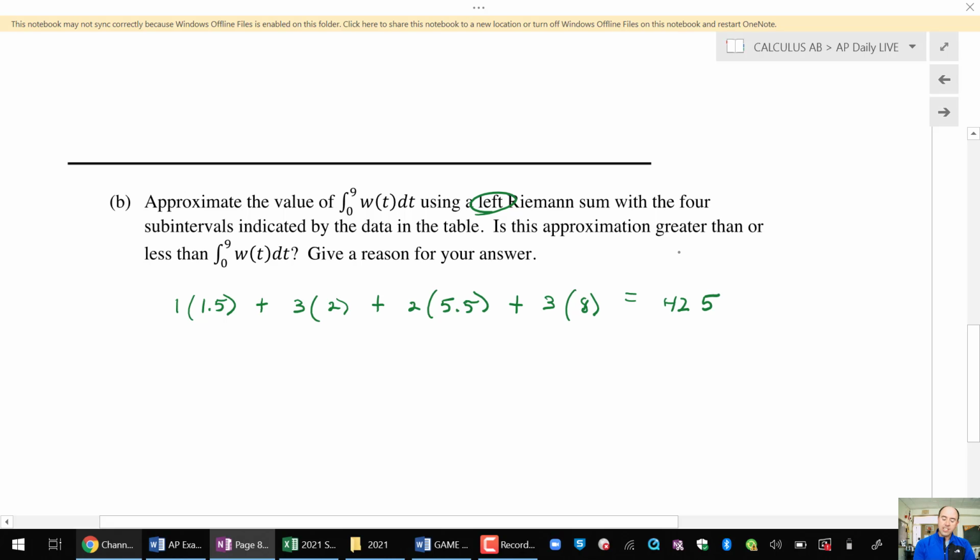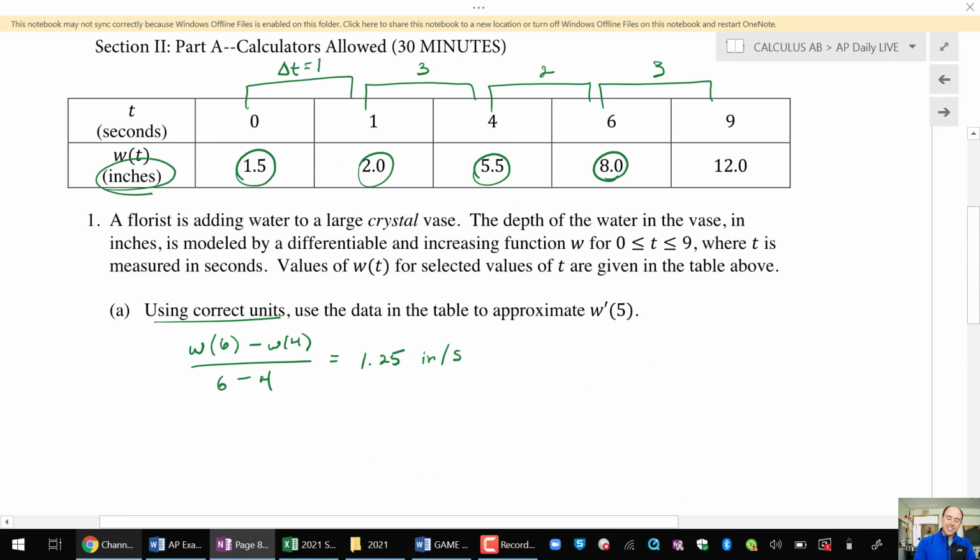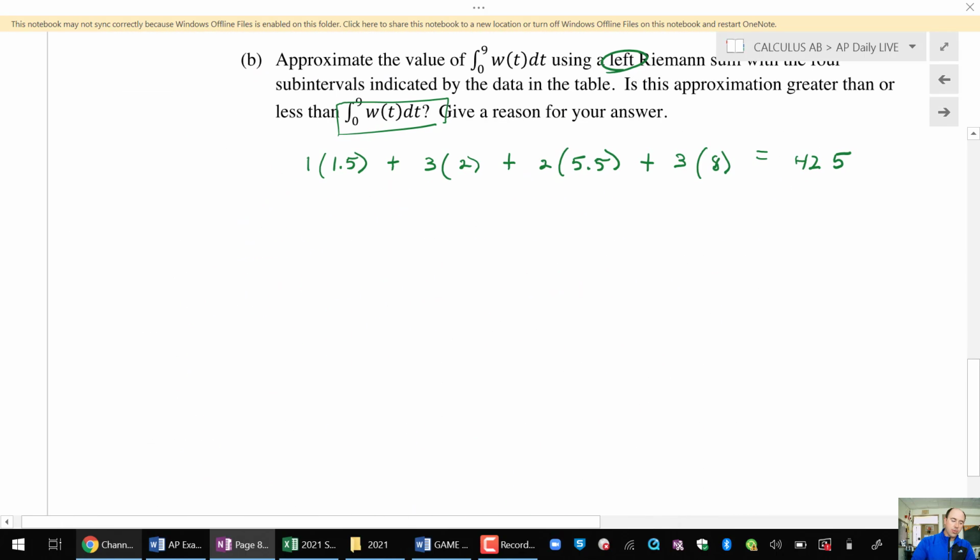And then it says, is the approximation greater or less than the actual integral itself? Give a reason. Notice back here in the stem, it said that the function w is a strictly increasing function. And if the function is increasing across its domain, then a left Riemann sum, if I go up by left corners, will always be below the actual function curve.